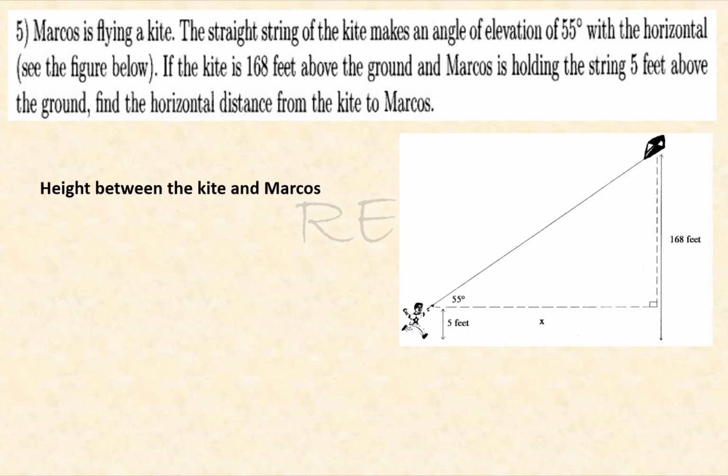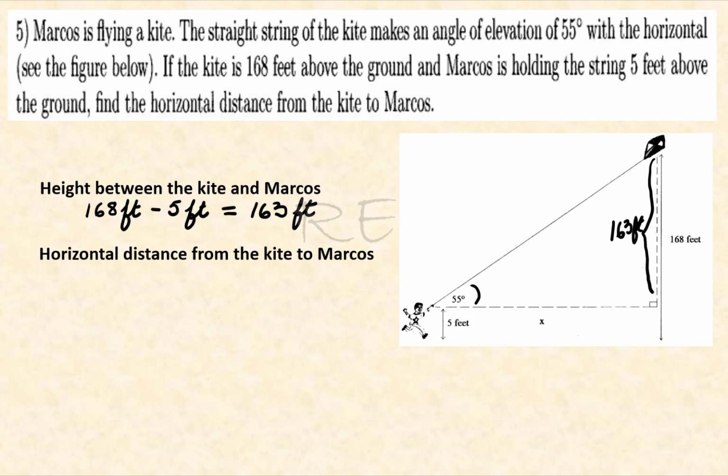We're looking for the horizontal distance from the kite to Marcos. The height between the kite and Marcos will be the total height, which is 168 feet minus 5. So that total height is 163 feet. And the horizontal distance from the kite to Marcos will be found by using the tangent ratio.